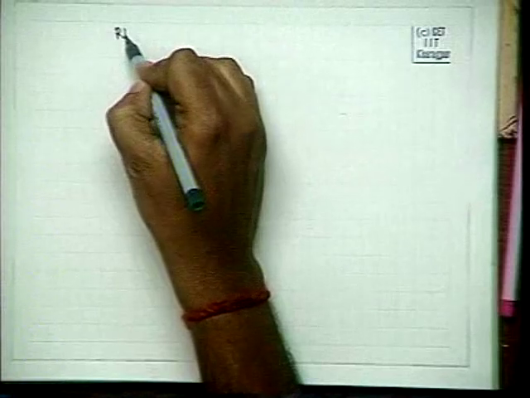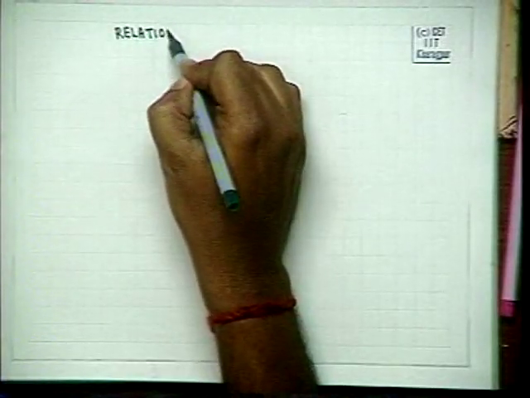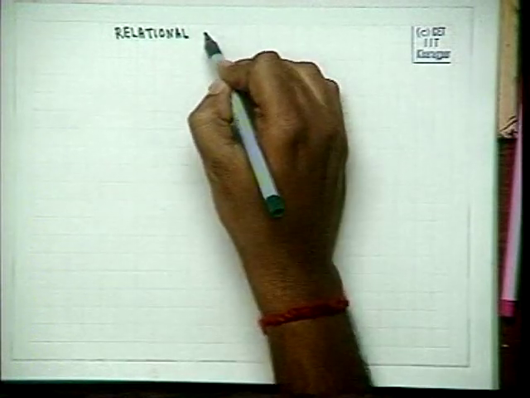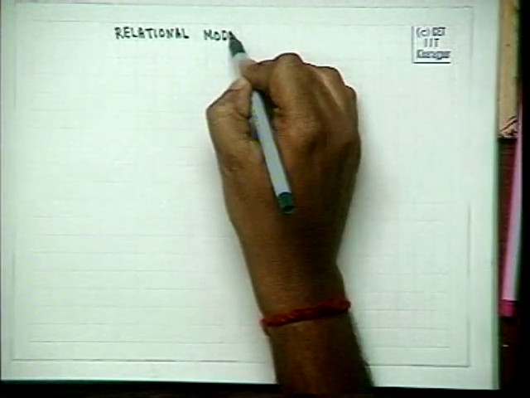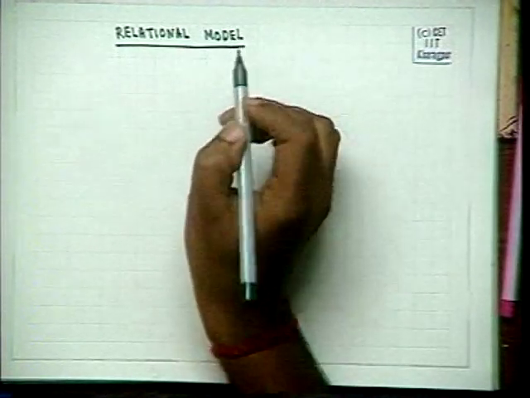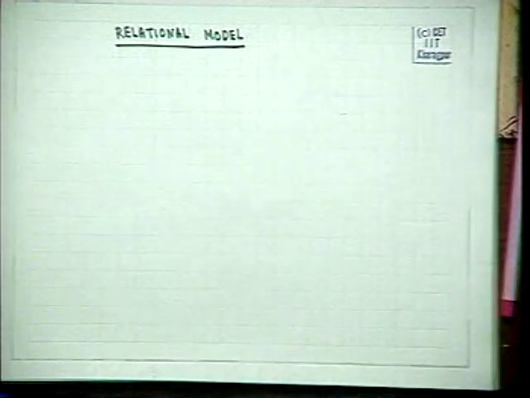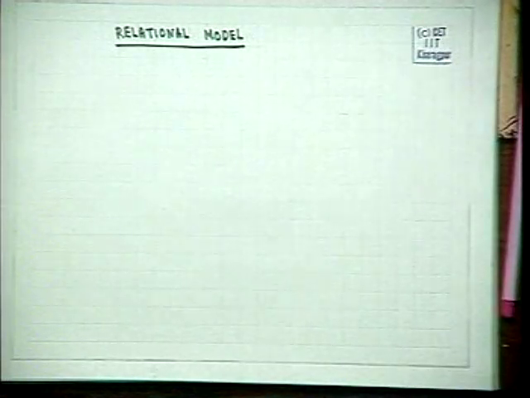Next we come to the relational model. In the relational model, we are slightly more down to earth than the entity relationship model.